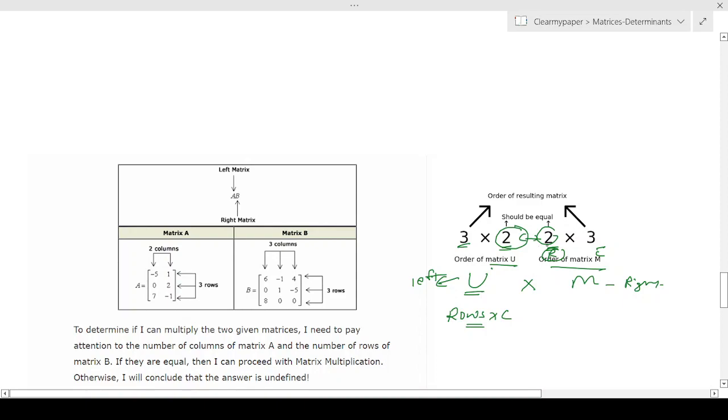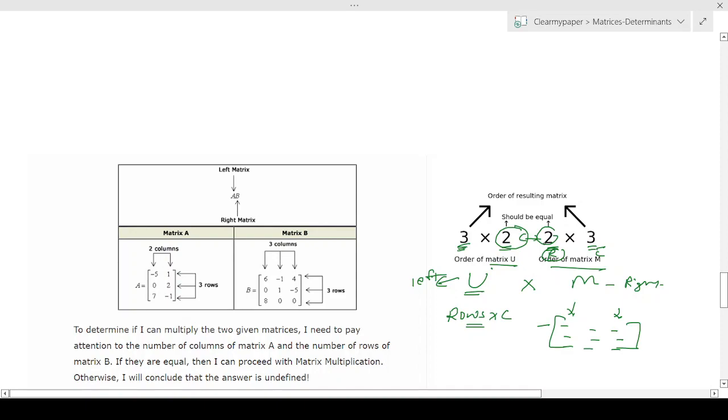This 2 is equal to 2. Then the multiplication is possible. And what will be the final matrix, the answer, how many rows and how many columns it will have, that will be determined by the other 2 numbers. The final matrix will have 3 rows and 3 columns, right? So whether the multiplication is possible or not will be determined by the inner numbers, the columns of the leftmost matrix matching the number of rows of the rightmost matrix.